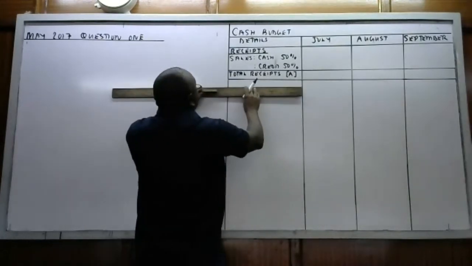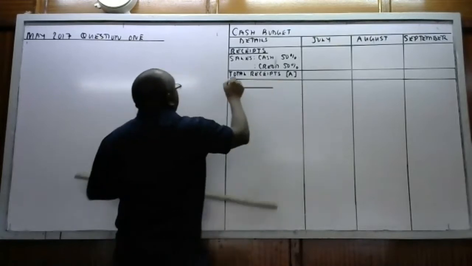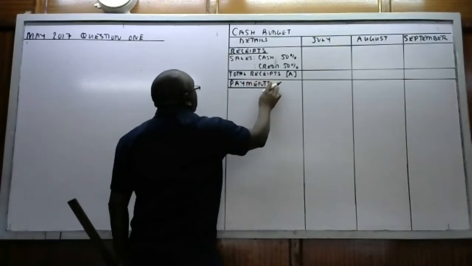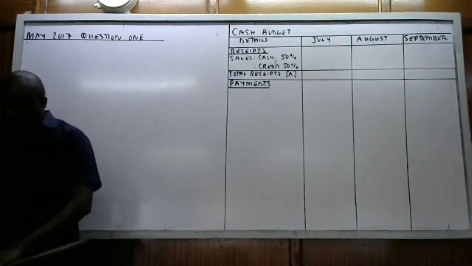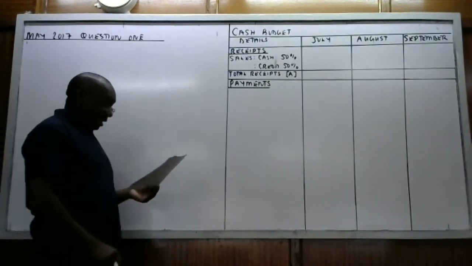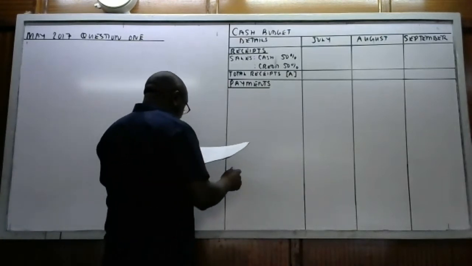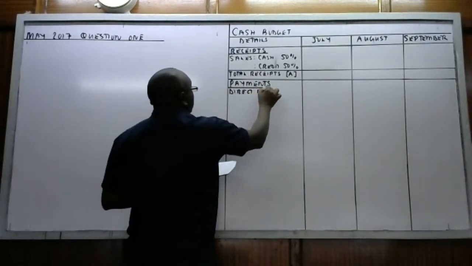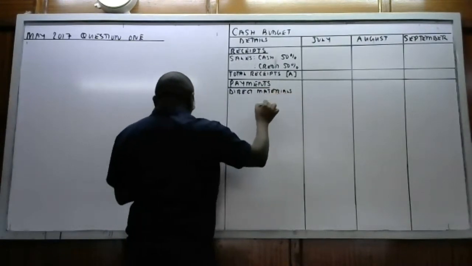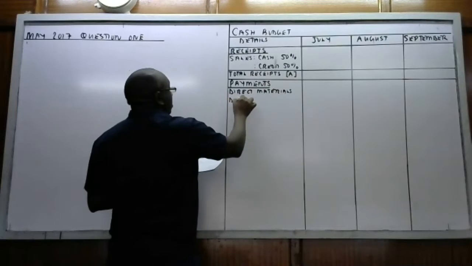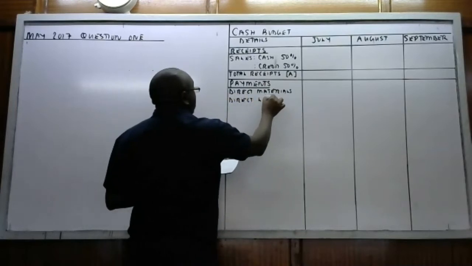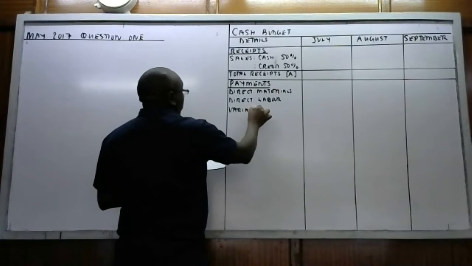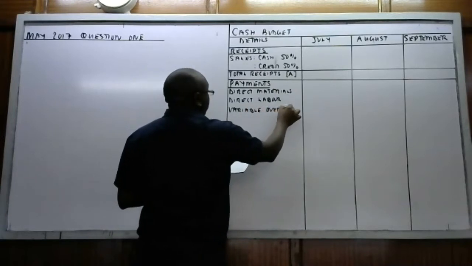Then we now bring the payments here. The items that are taking money away: we have the variable cost, which is direct materials, direct labor, and variable overheads.